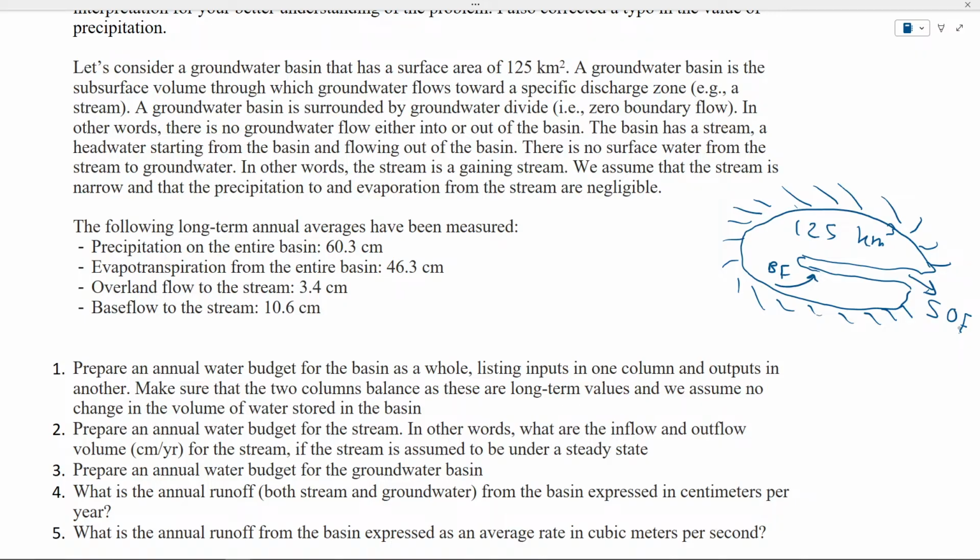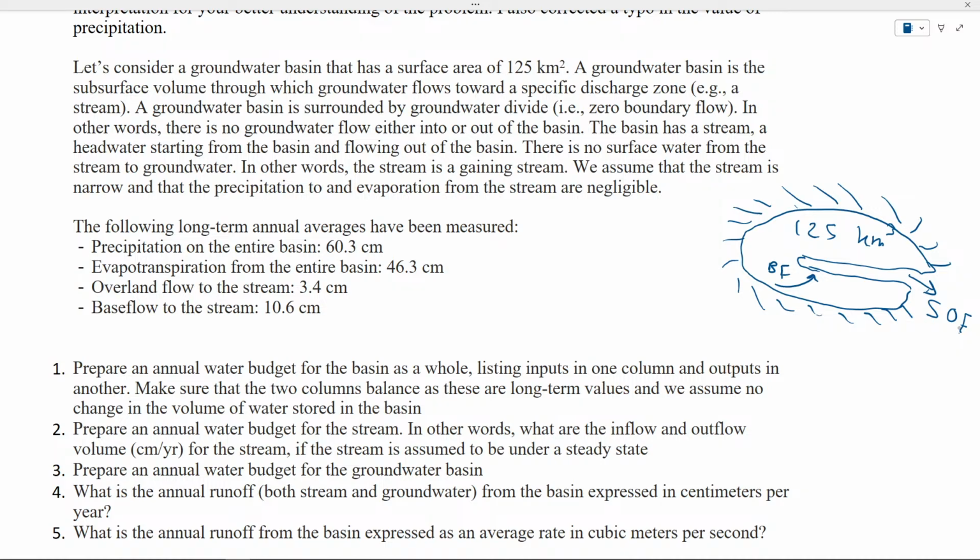In other words, the stream is a gaining stream. You just take base flow, but it's not a losing stream. It does not lose any water to the groundwater. We assume that the stream is narrow and that the precipitation to and evaporation from the stream is negligible.